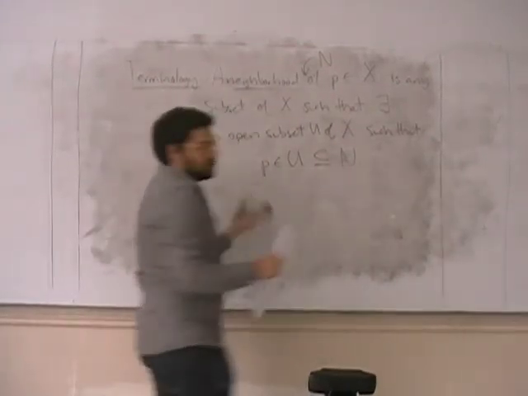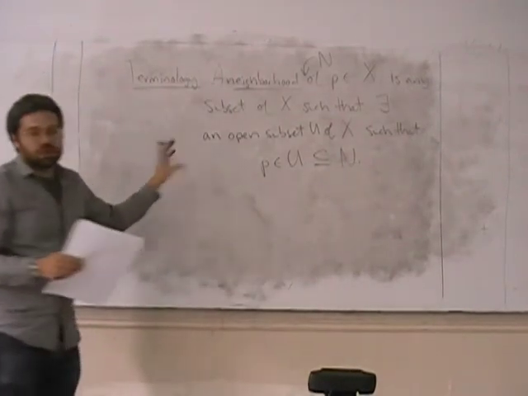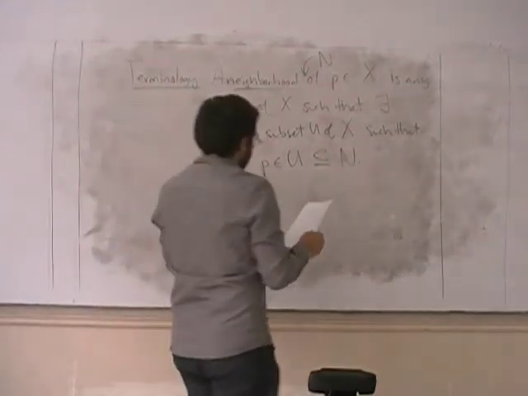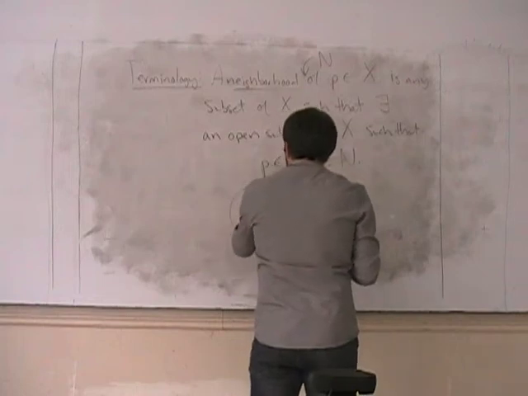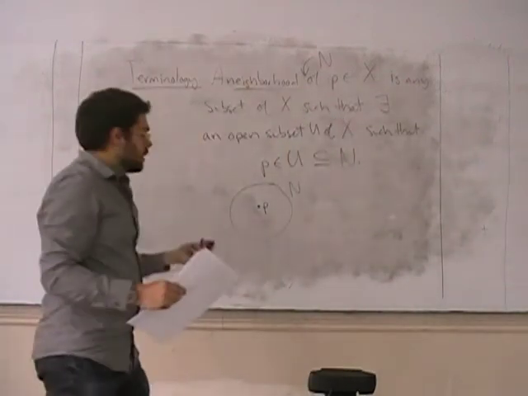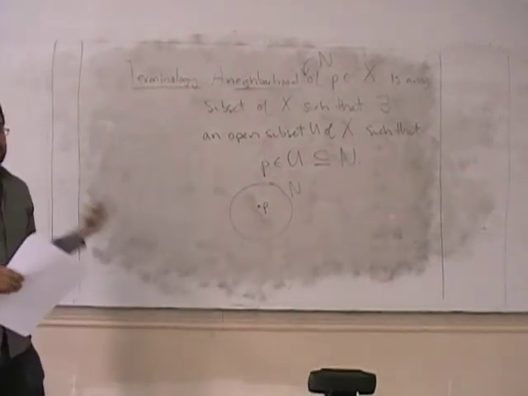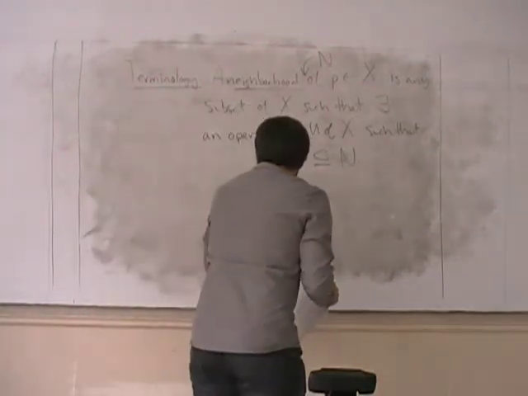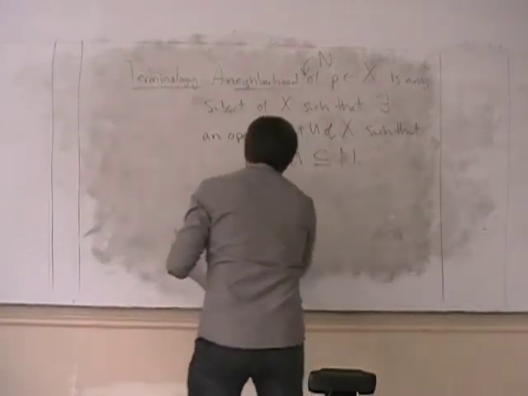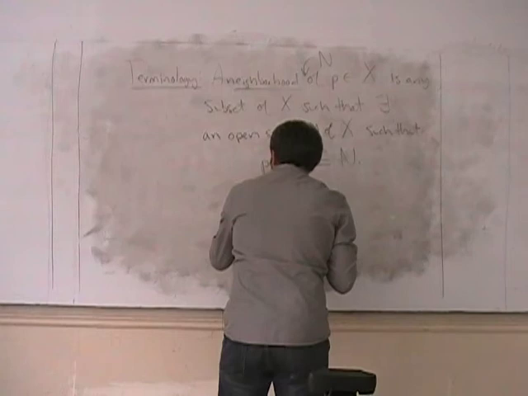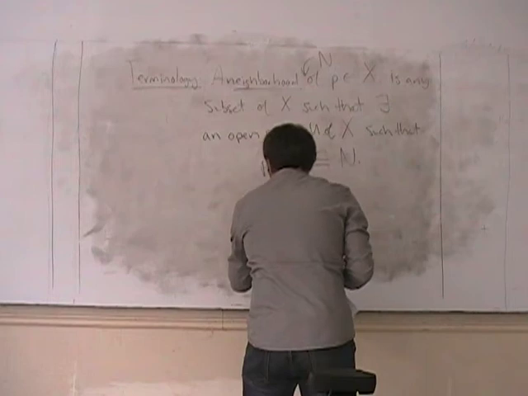So now we can draw pictures in the plane and actually know that there's really something going on. This could be a picture for the plane R2. So the idea in R2 is I have a point P. So this might be a neighborhood of P. In fact, it could even be the set in the previous example that's neither open nor closed. So you could even draw it that way.